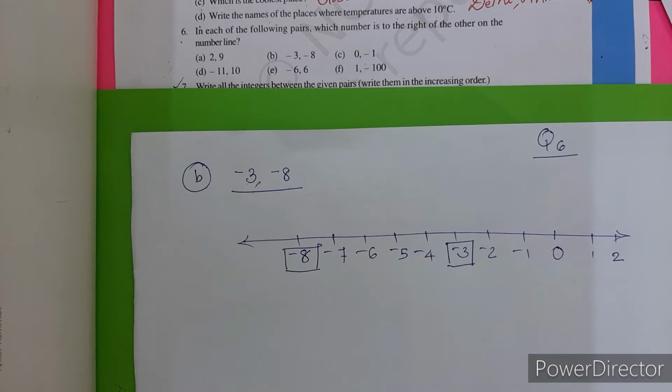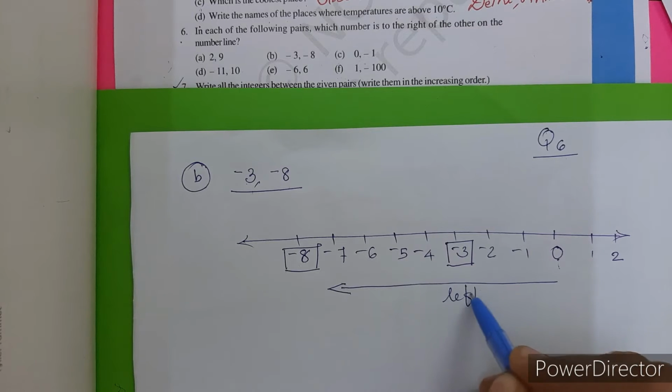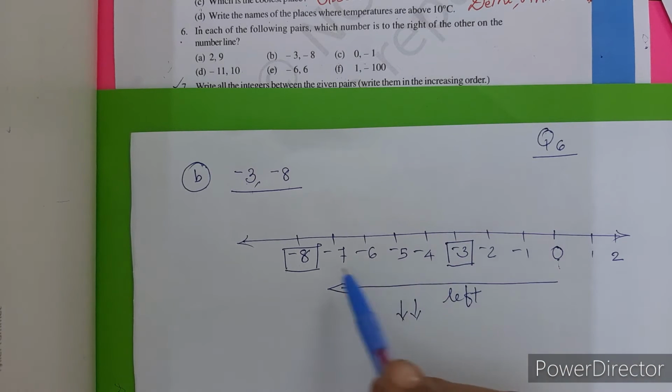One more rule: moving from 0 to the left side of the number line, the value of the negative integers decreases.